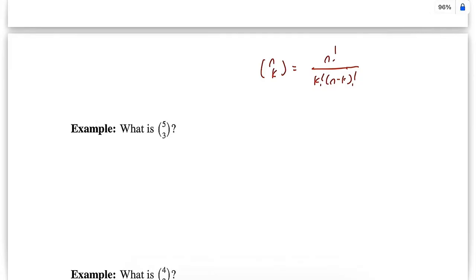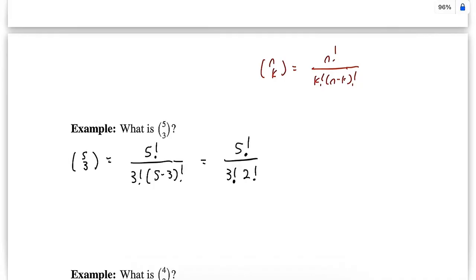Okay, so 5 choose 3. Just plug it in and see what happens. We have 5 factorial on top, then 3 factorial, and then 5 minus 3 factorial, which is just 5 factorial over 3 factorial times 2 factorial. Here it might be easiest to just write this out: 5 times 4 times 3 times 2 times 1 over 3 times 2 times 1 times 2 times 1.